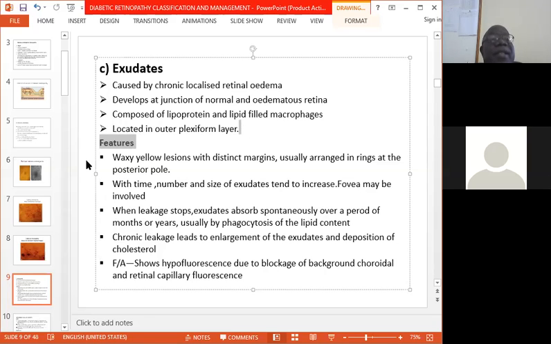Features. These exudates appear yellowish. They are yellowish lesions with distinct margins, usually arranged in rings. The center of the ring is the point of leakage, where the leakage is occurring. Then, going outward, you find rings forming of these exudates, yellowish stuff around.